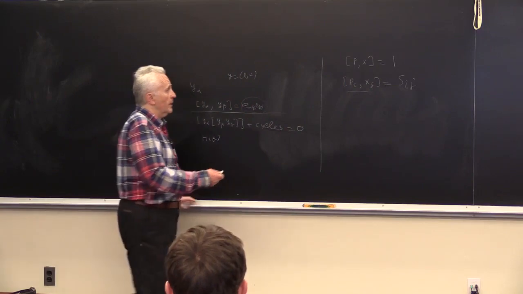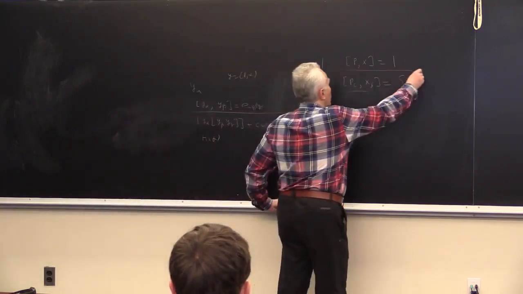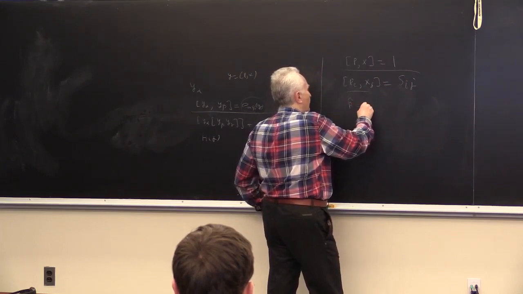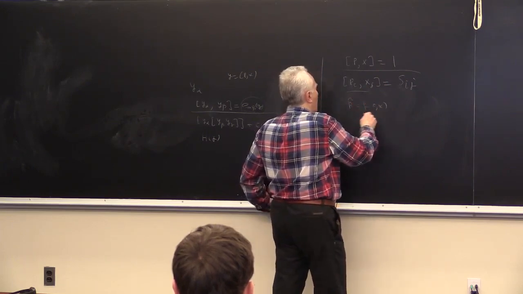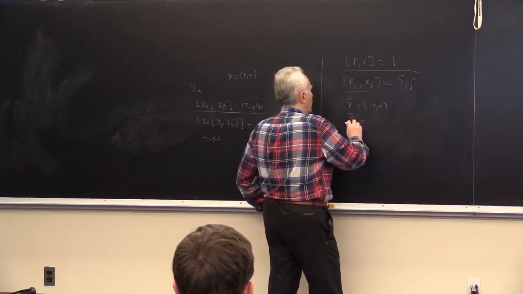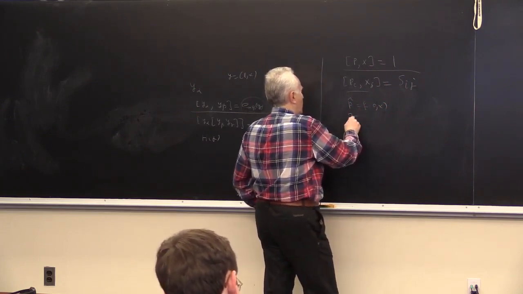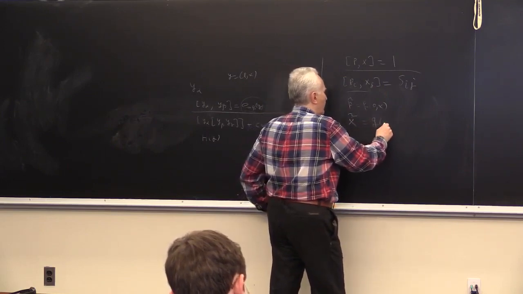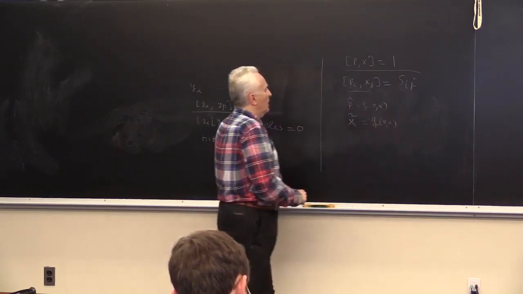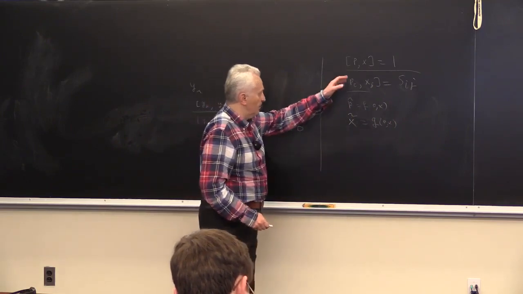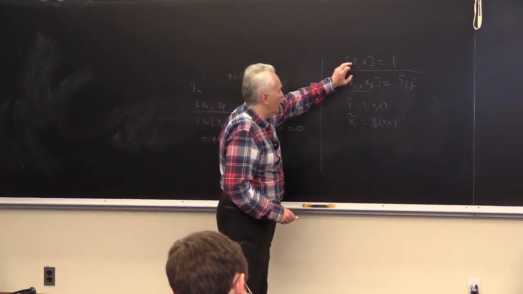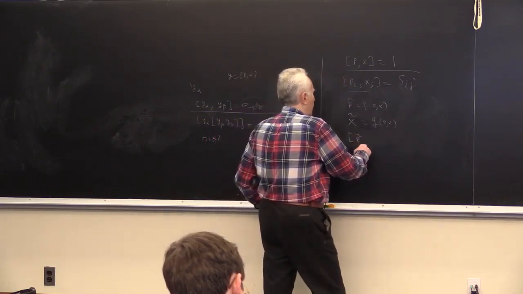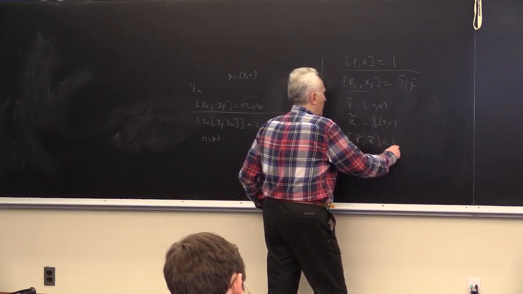So you consider in this particular case some arbitrary transformation of the phase space, and you plug it in and demand that the bracket of p and x is 1.